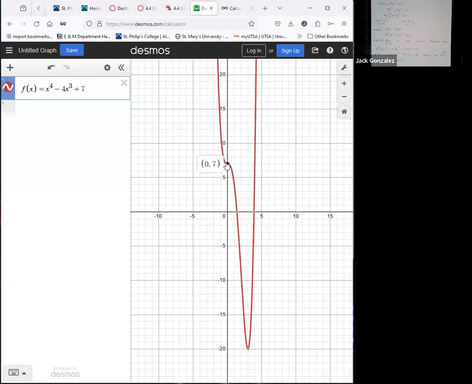There's the inflection point. Here is our max, or sorry, a minimum. Anyway, since I knew it was concave up here, we didn't have to do the first derivative test.